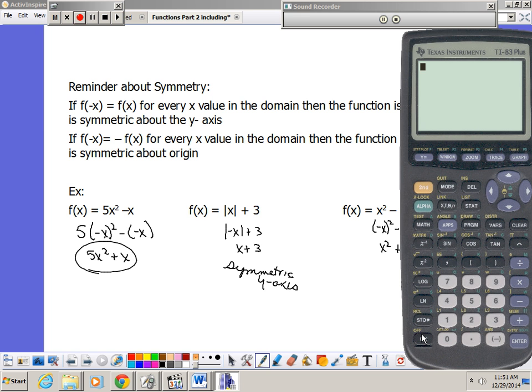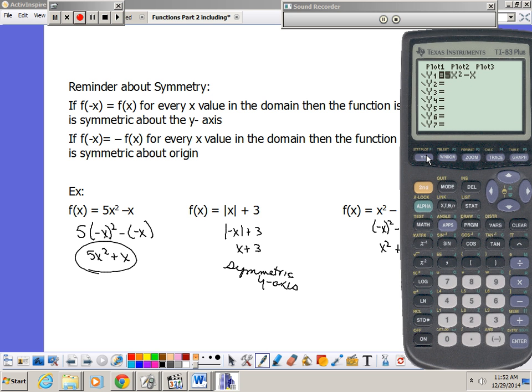So let's look. We put in 5x squared minus x and graph it. Is this symmetric to the y-axis? As you can see, it's not, because here's the middle, 0, 0, and this is 3/4, and this is 1 3/4. So even though it kind of looks symmetric to the y-axis, it's not.